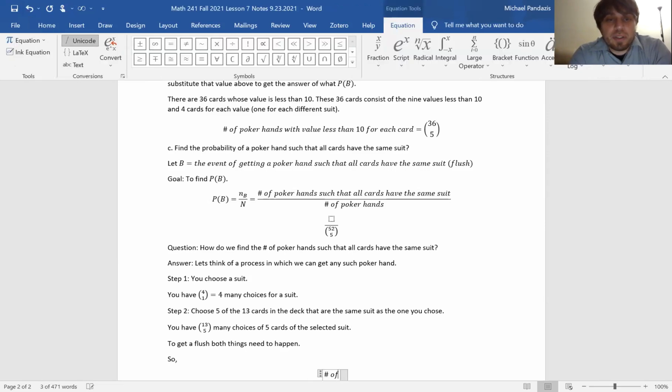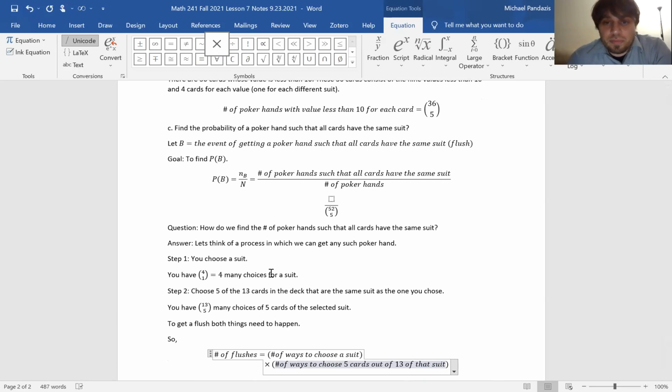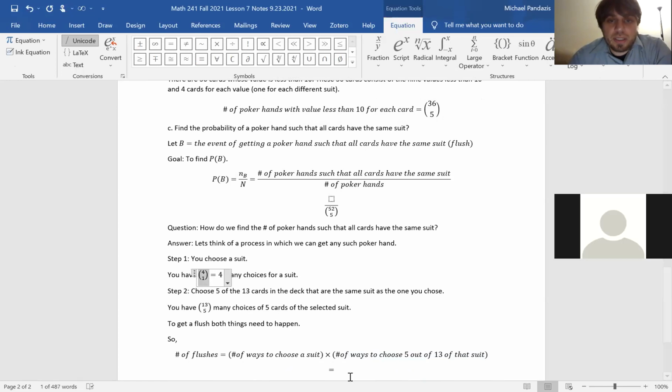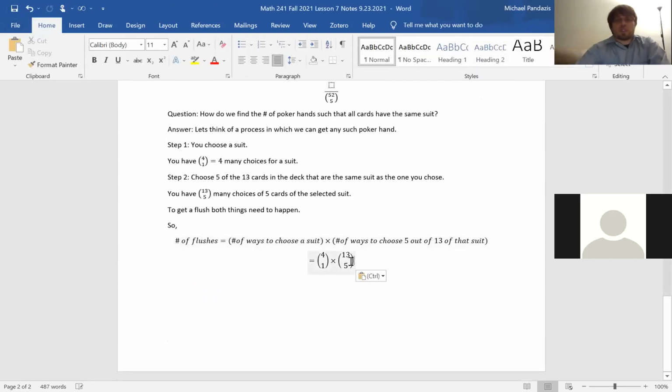So the number of flushes is equal to the number of ways to choose a suit times the number of ways to choose 5 cards out of 13 of that suit. That's equal to 4C1 times 13C5.